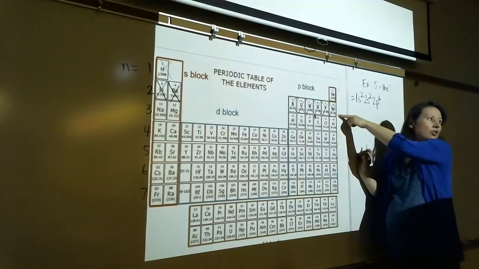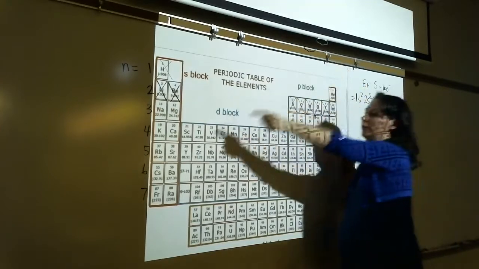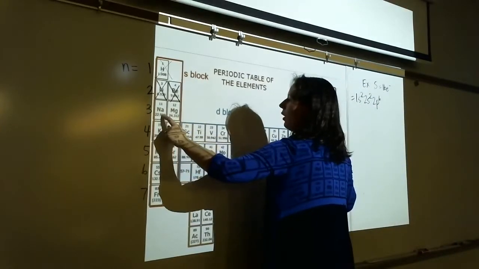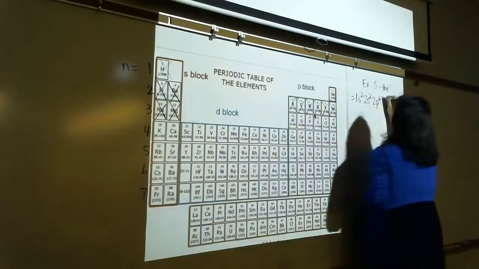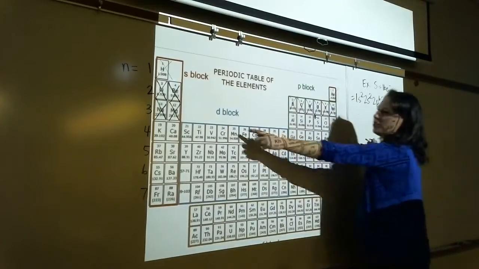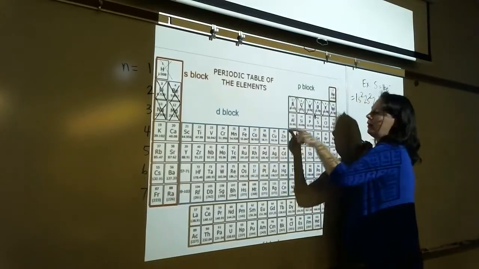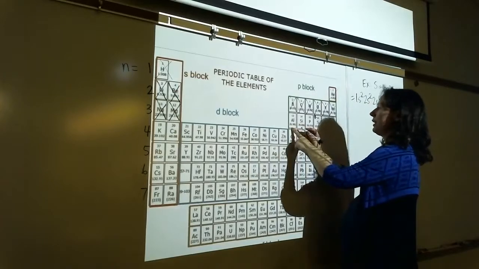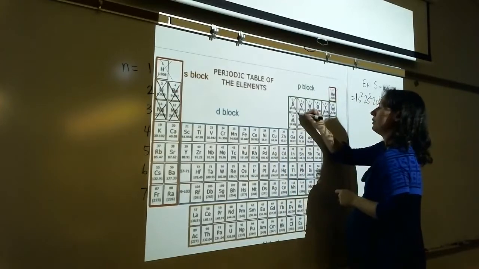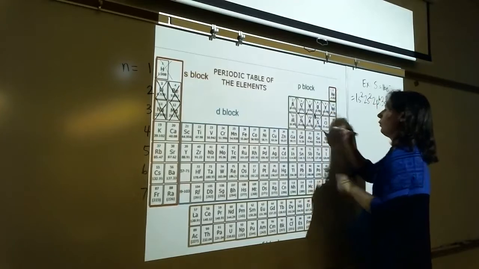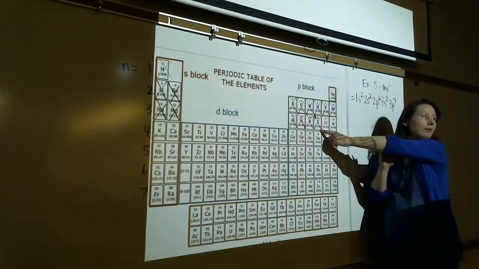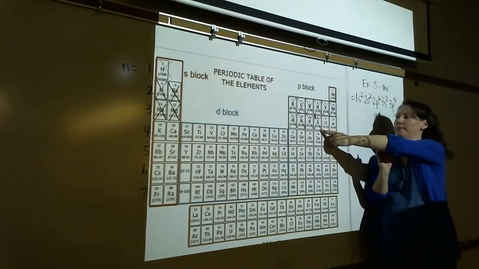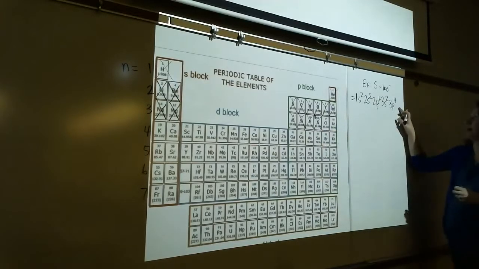Am I at my destination yet, though? Nope, got to go to n equals 3. 3s1, 3s2. Still not at my destination, got to keep going. Period 3. So 3p, 1, 2, 3, 4. Include your destination as part of your counting. And that's the same answer we got a minute ago when we did it using the diagonal rule.